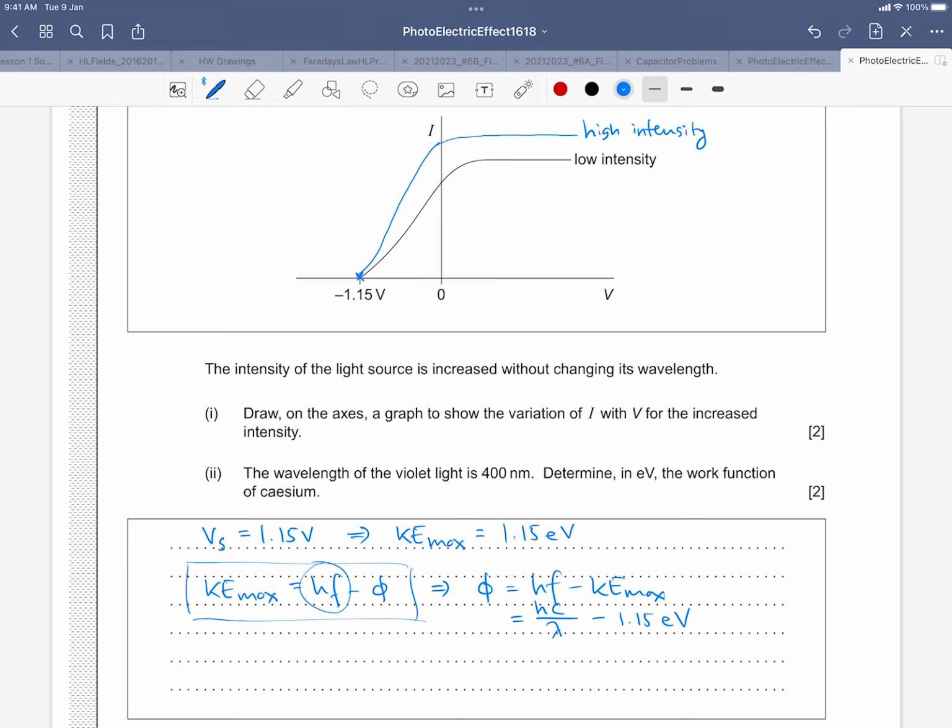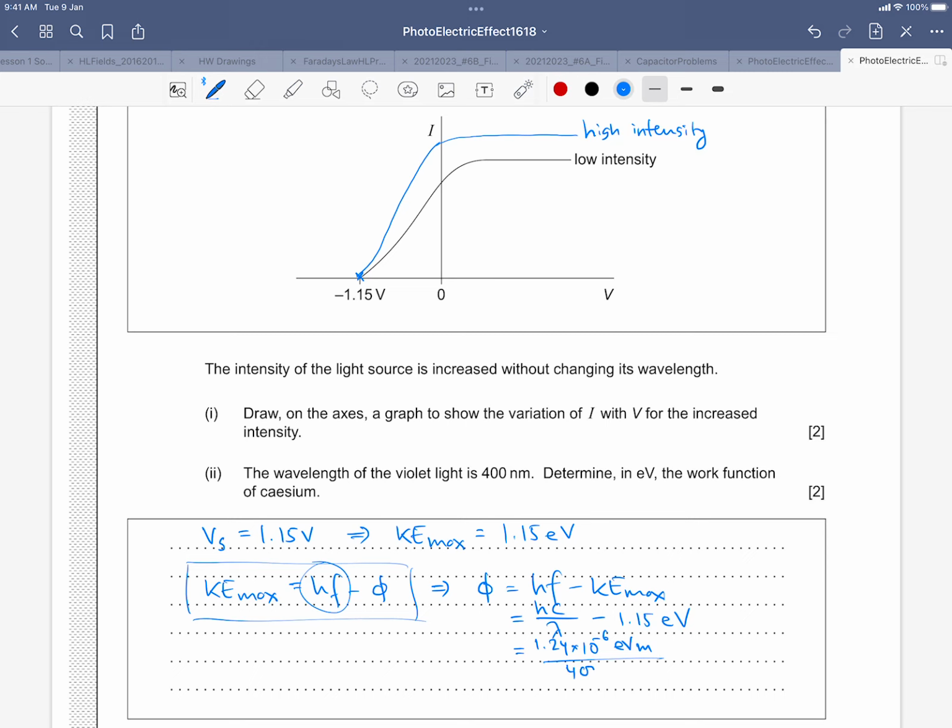And then we can look up hc in the data booklet. If you look in the data booklet on, I think, page 3 or so, you can see hc is given in 2 different units. And one of them is 1.24 times 10 to the negative 6 eV meters.